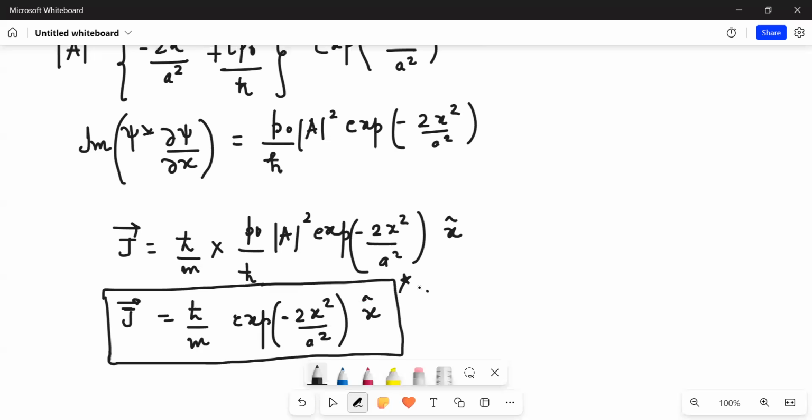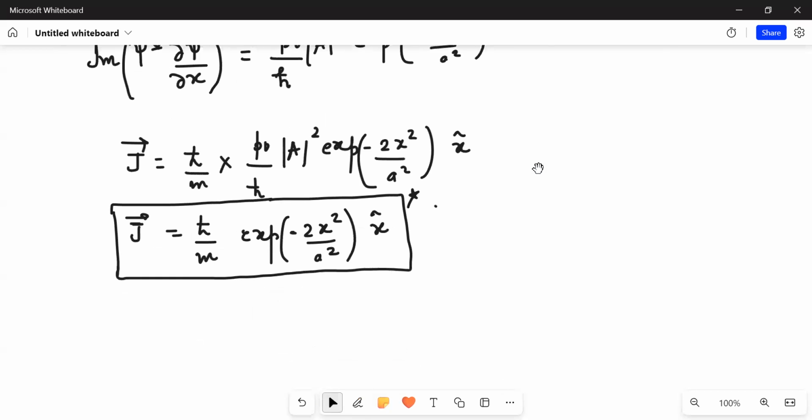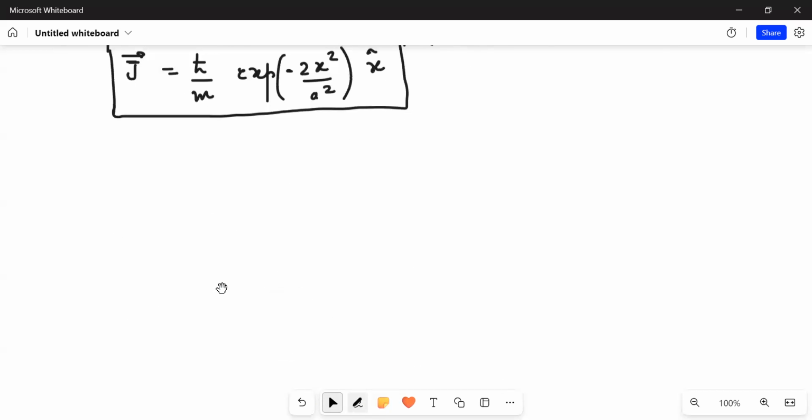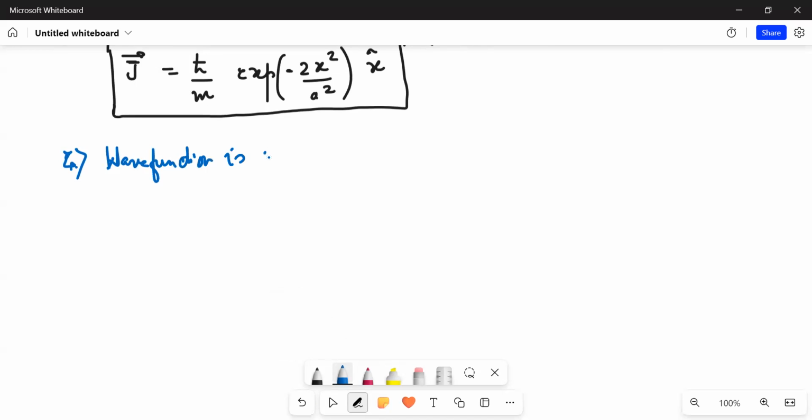Now, just try to do one more question. Let's say if my wave function is completely real, let's say I just take one linear combination and I'll show it to you. If the wave function is completely real, then what do you think the current density would be?